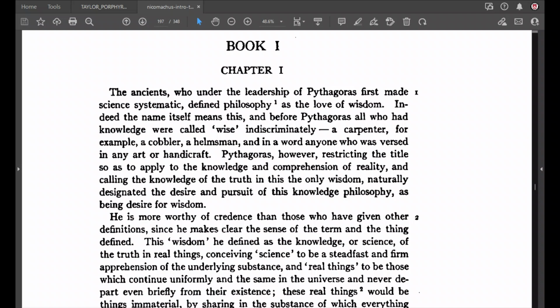So Pythagoras argued that we should only call wise people who have the knowledge of reality, people who understand reality. The knowledge of the truth. Wisdom is not any art or skill. Wisdom is the knowledge of the truth. The knowledge of reality.